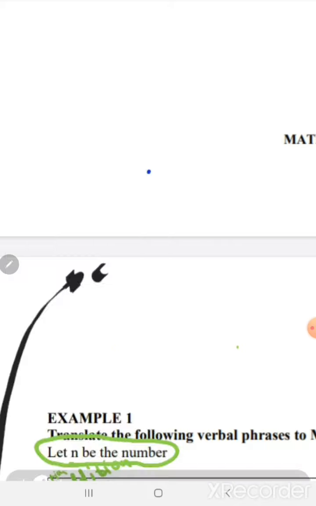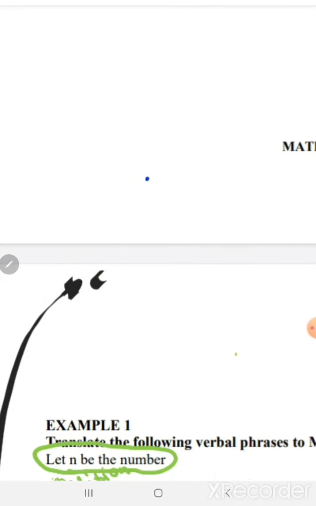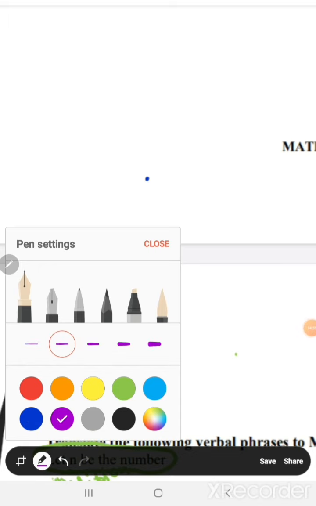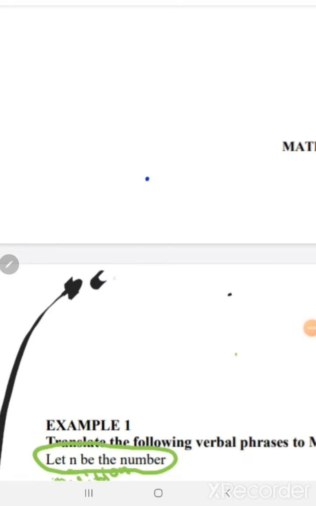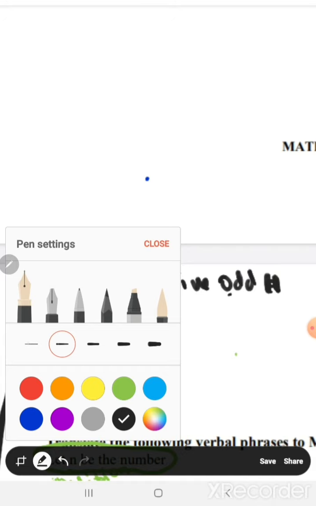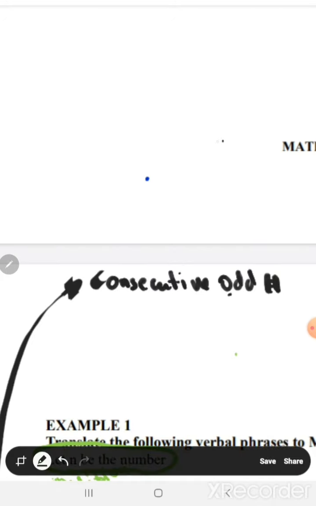Consecutive odd numbers. So take note that your odd numbers are any number that cannot be divided exactly by 2. So merong remainder niyan. Okay?